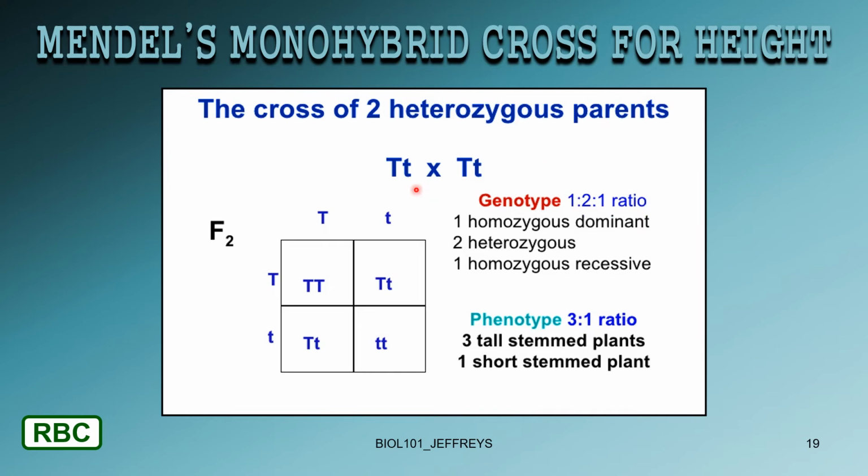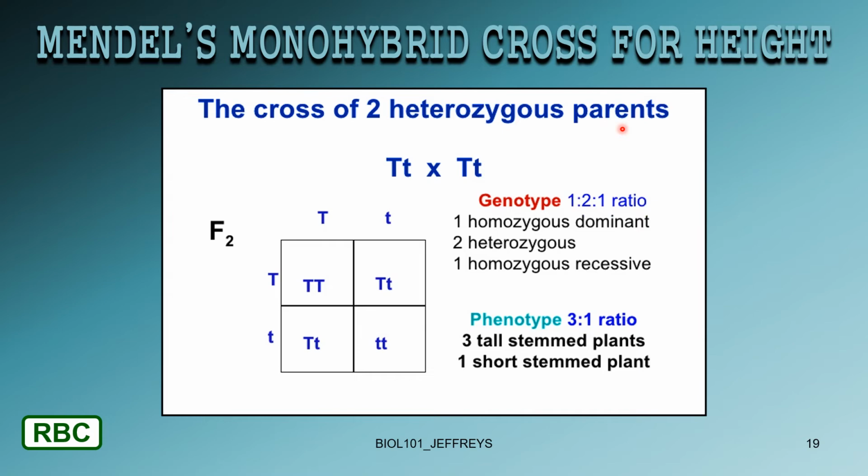Now remember, okay, so the cross of two heterozygous parents. Parent here is maybe not the best word to use because I don't want you to confuse that with the parental generation, the P generation. Because remember, in this situation, all the parents are true breeding.